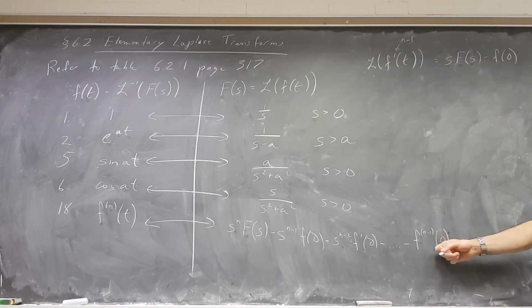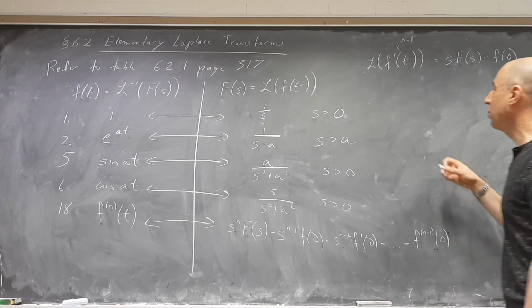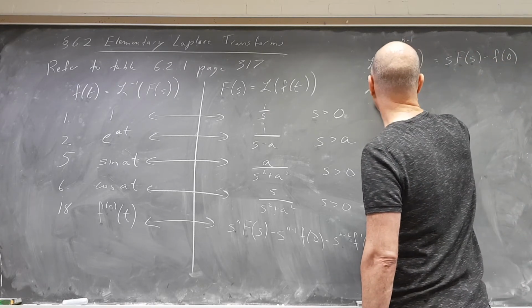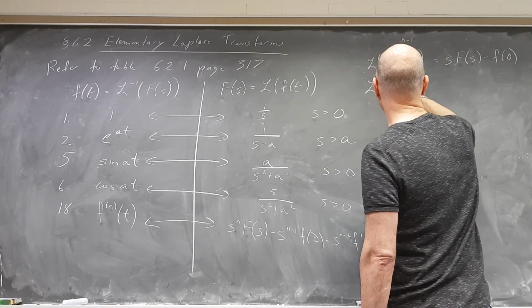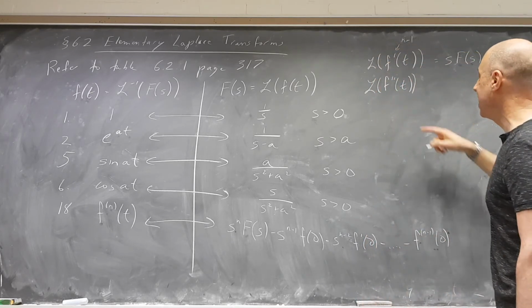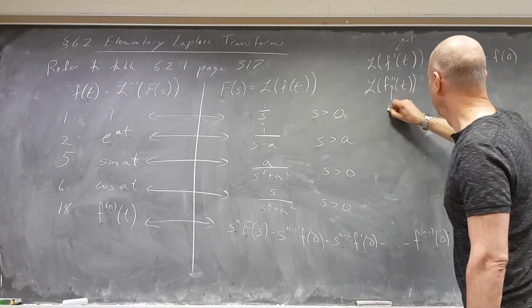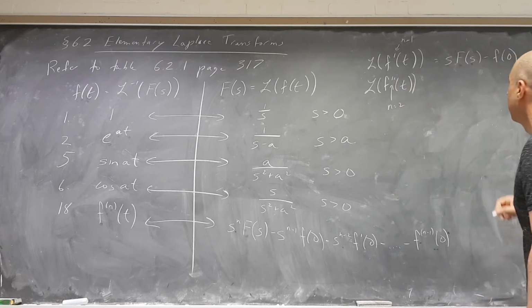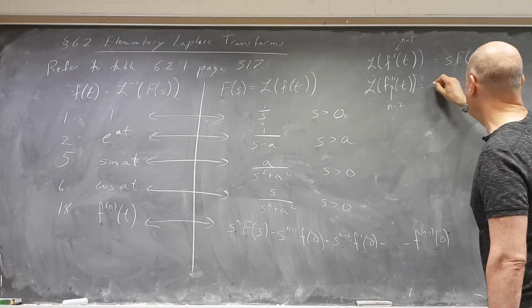That's what this says. If I take the Laplace transform of f double prime of t, here n equals 2. So I start off with an s squared.